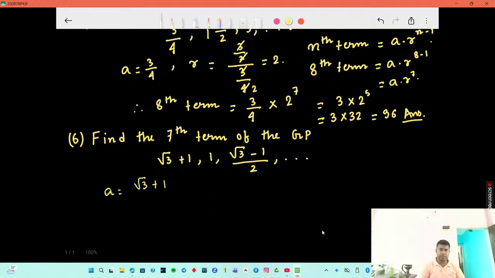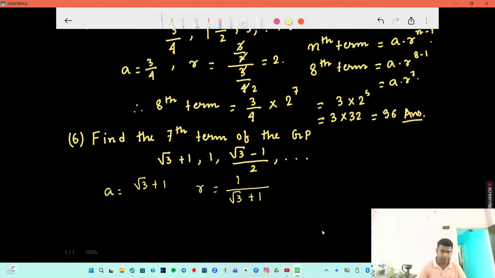Is it clear to you? Now we have to find the value of R. We can find the value of R just by dividing the next term with the preceding term. So here R will be 1 by root over 3 plus 1.